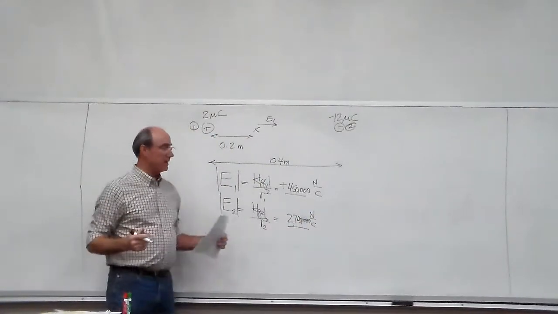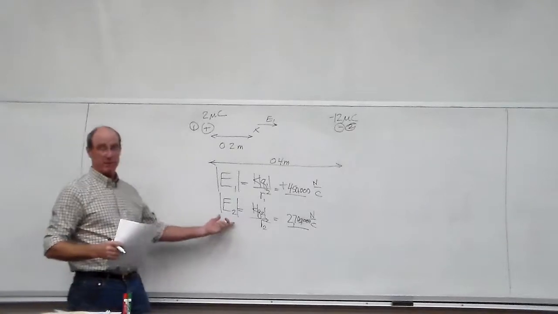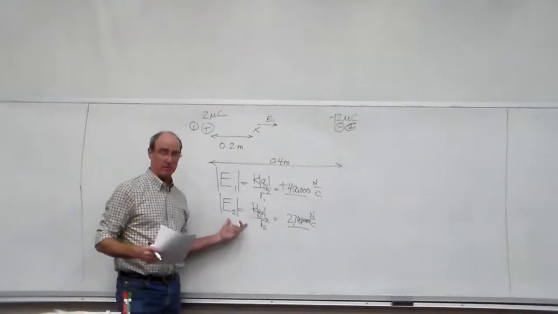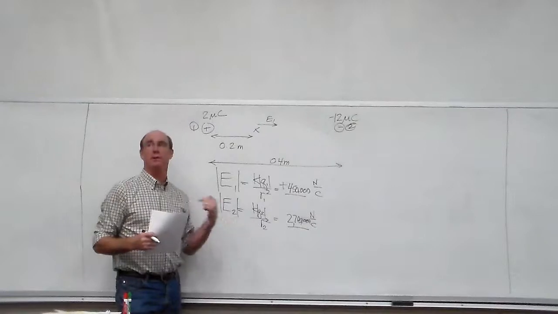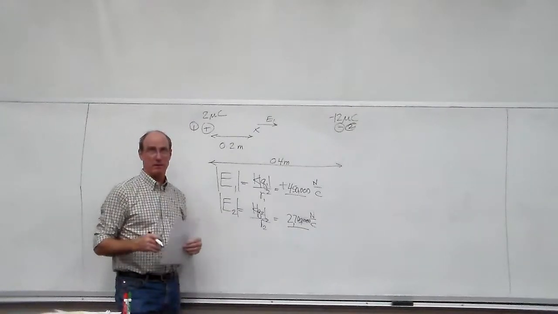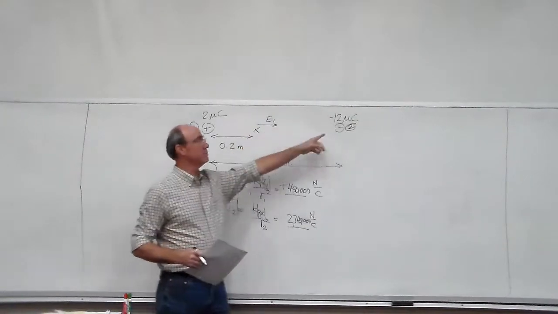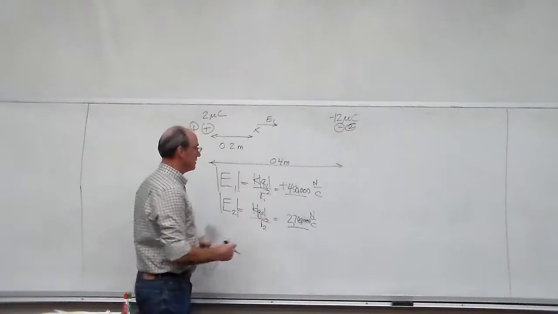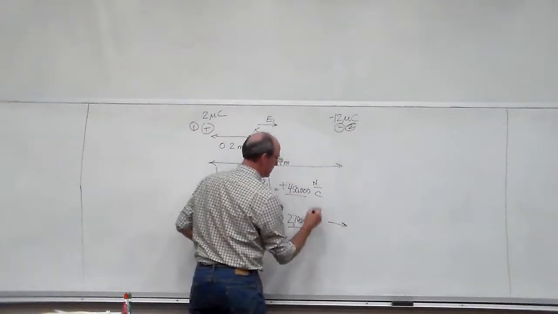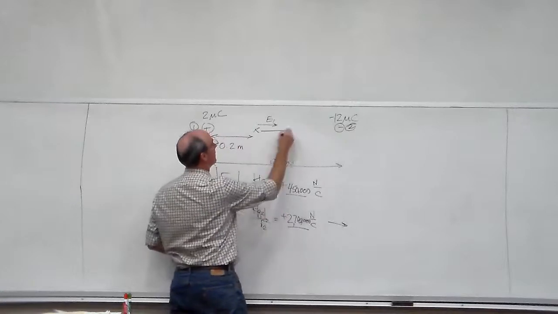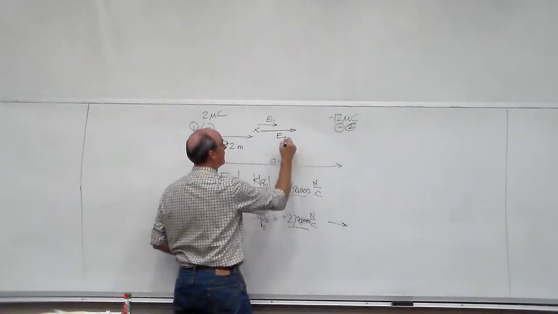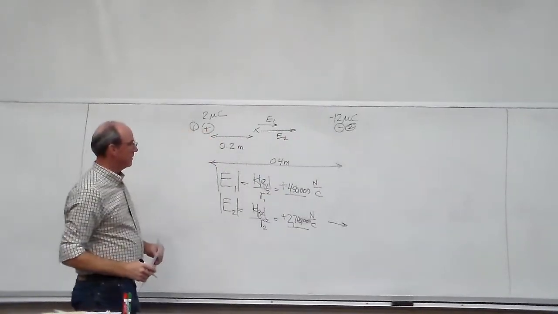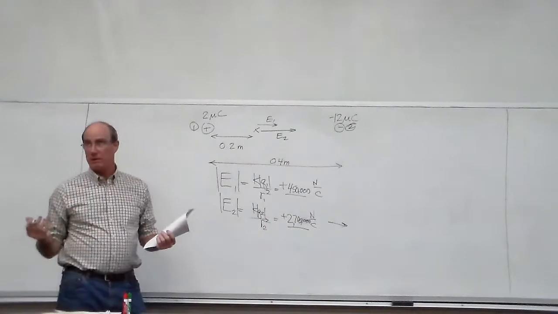In what direction does that point? This equation gives us the magnitude, no direction. What direction does that field point, to the left or to the right? To the right, towards the negative charge. This is a negative charge, so it is also to the right.